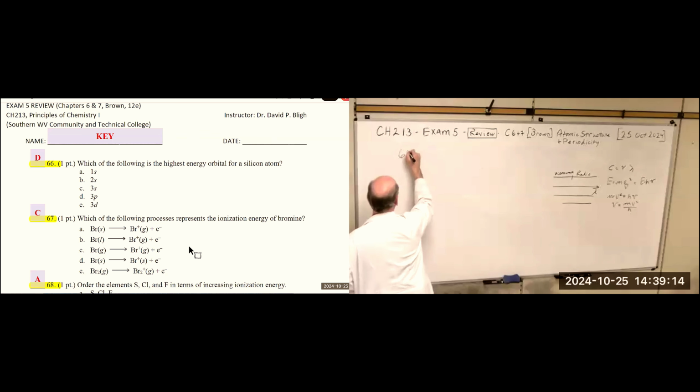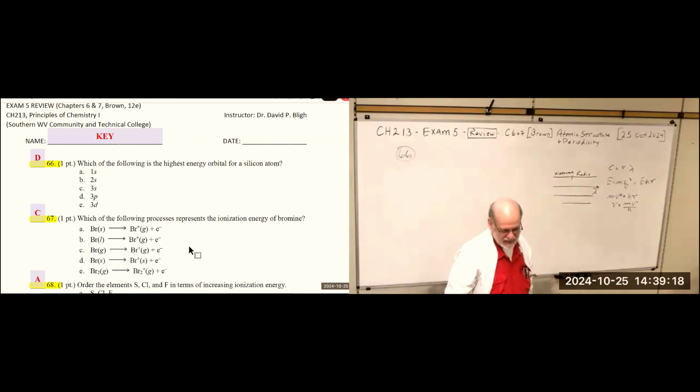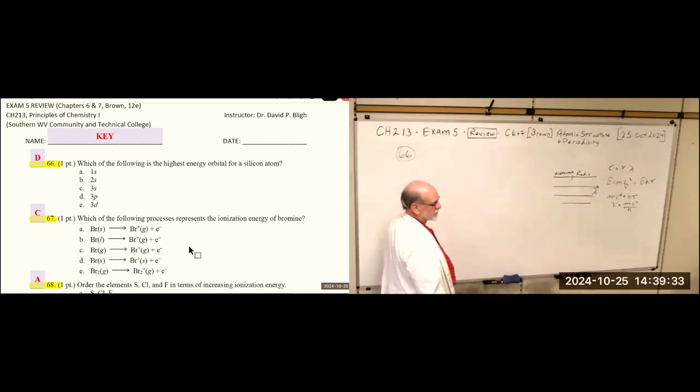66. Which of the following is the highest energy orbital for a silicon atom? Okay, let's see. Silicon is 14. It's in period 3, so the highest is 3s, 3p. 3p is the highest subshell.